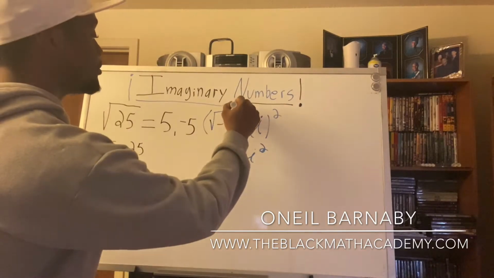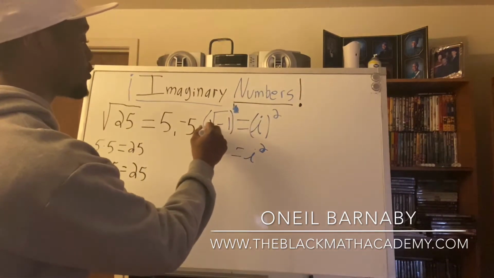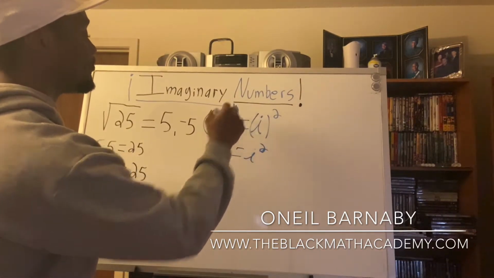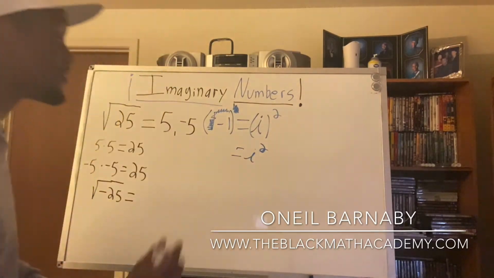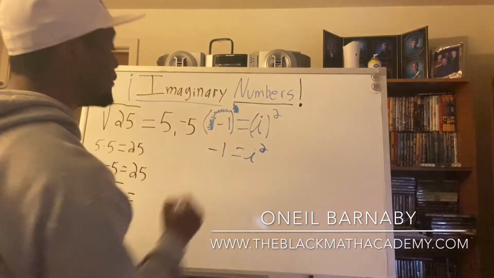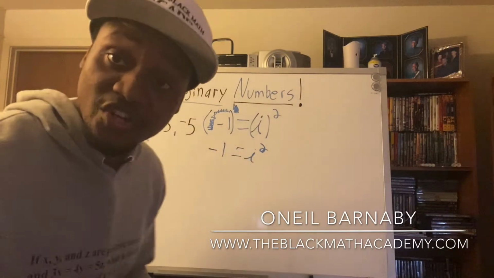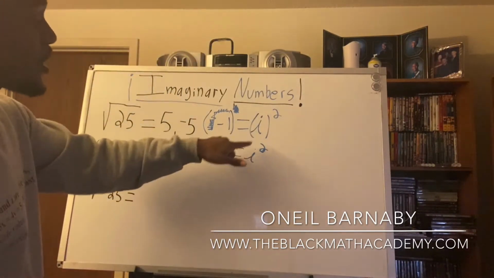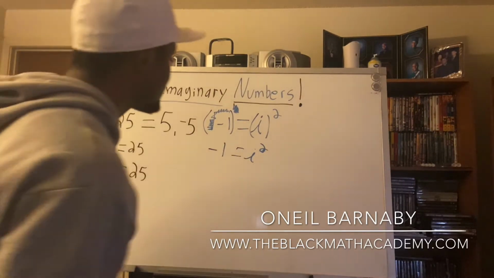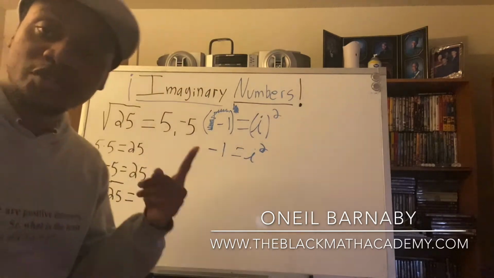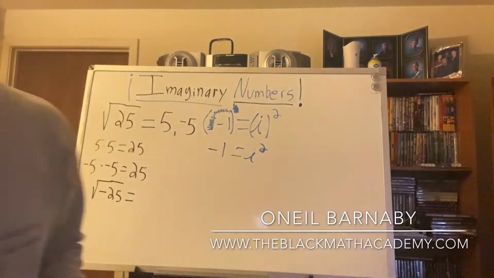So the 2, or the power, and the square root symbol actually disappear, and negative 1 remains. So negative 1 would be the result. So we just discovered that when you square i, the answer is negative 1. So based on one rule, we were able to figure out something new.